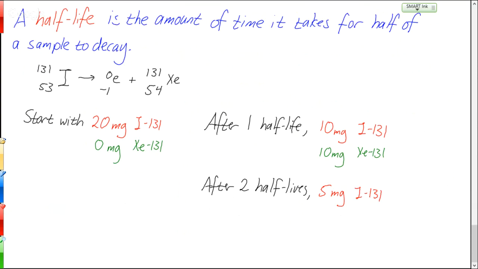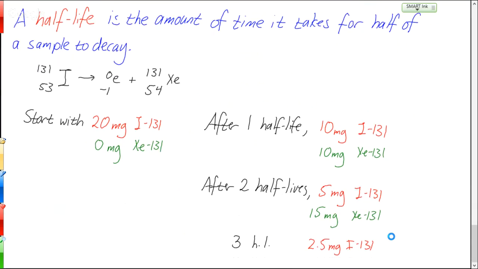And that means the other additional amount is xenon. Another half-life, we split it in half again, and so on.